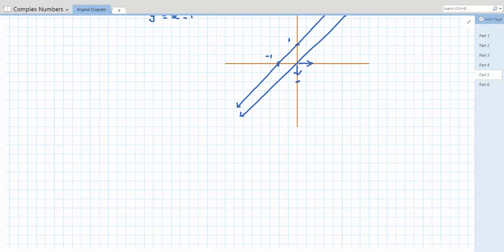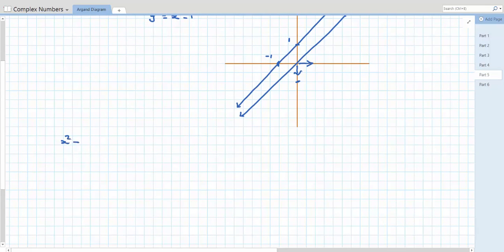Another point to make is for a circle, for example, x squared plus y squared equals r squared. That's a circle center 0, 0. But x minus h squared plus y minus k squared equals r squared is the same circle, but it has been shifted.